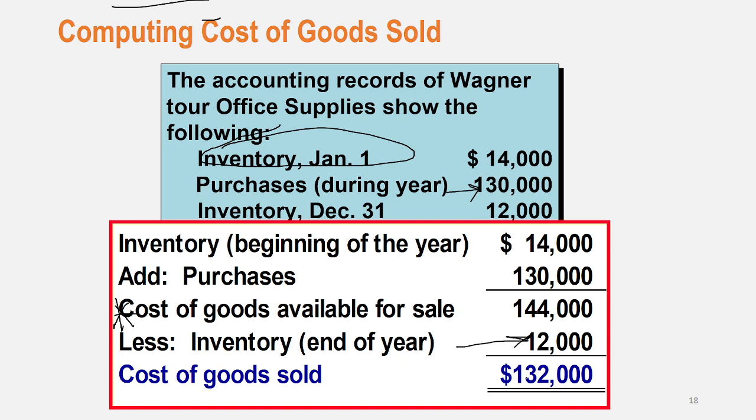And after accounting for the $12,000 worth of inventory we still have at the end of the year, we find that the cost of goods sold is $132,000. This is the procedure for computing cost of goods sold in the periodic inventory system, where we calculate it regularly at special intervals during the accounting period.